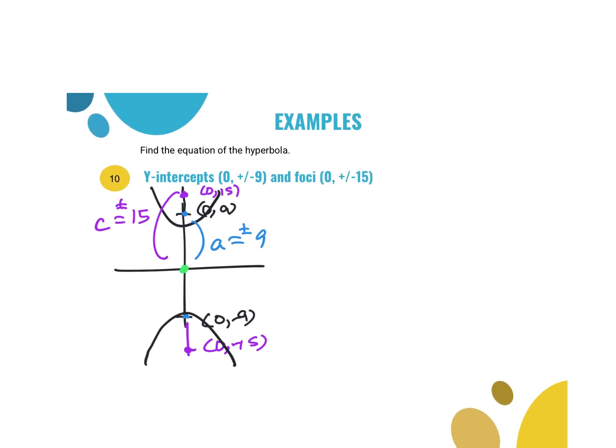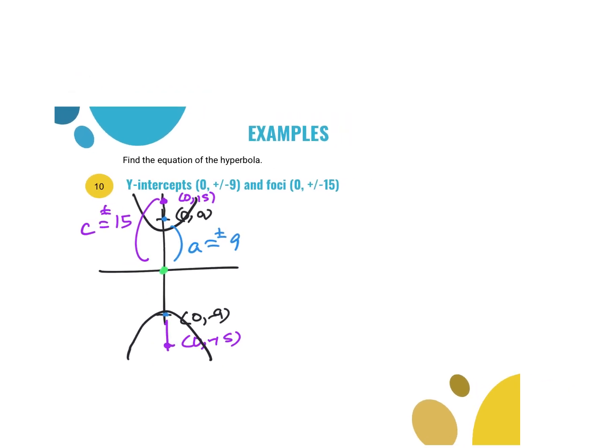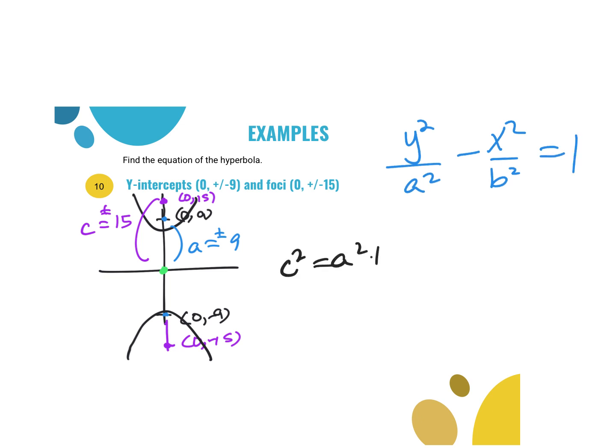So again, since it's touching the y-axis, I'm using y squared over a squared minus x squared over b squared equals 1. Now, I'm using c squared equals a squared plus b squared because I have c, which is 15, and 15 squared is 225. And 9 squared is 81. So 225 equals 81 plus b squared.